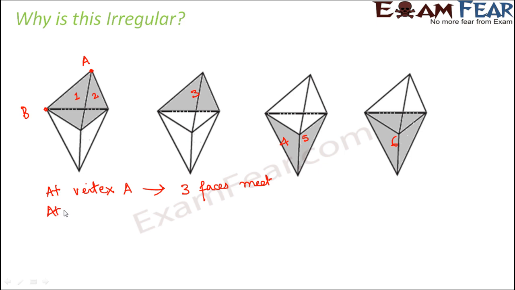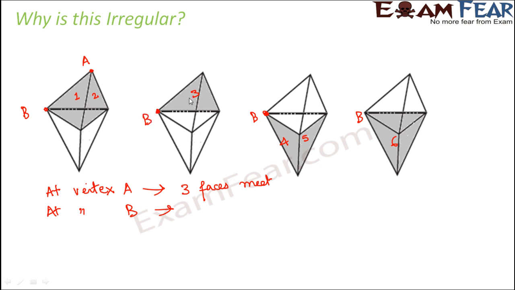What happens at vertex B? At vertex B, the triangles 1, 4, because 4 also meets at point B, and 6. So 6 also meets at point B. Can you think of any other face which meets at point B? Yes.